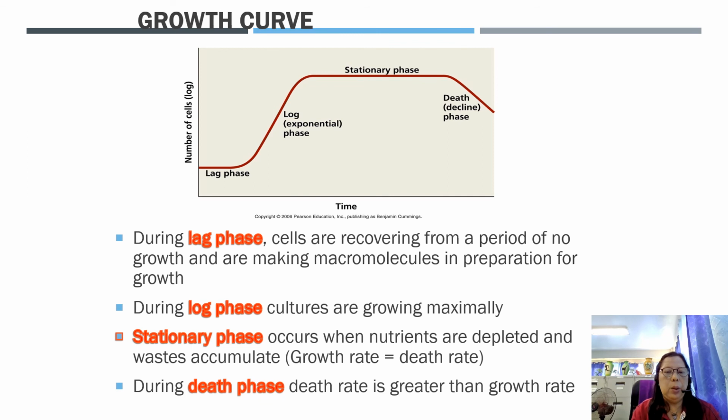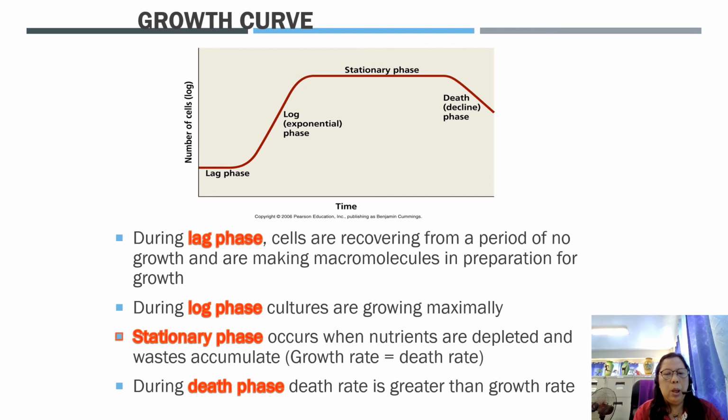And then you have the growth curve. There are four stages of the growth curve: the lag phase, the log phase, the stationary phase, and the death phase. The lag phase is where the microorganisms are trying to grow. This is the recovery period for them to assemble themselves.